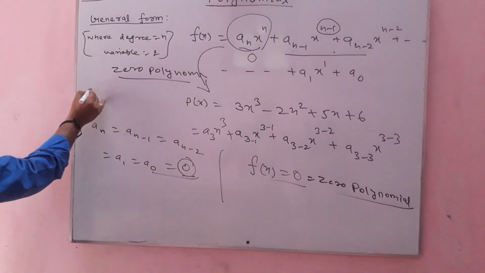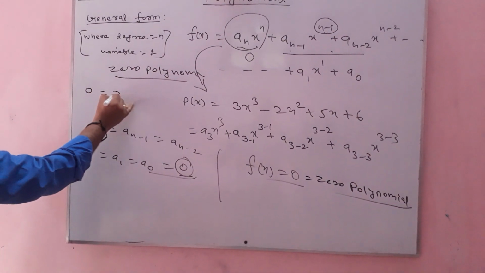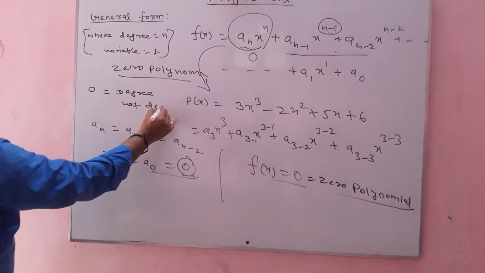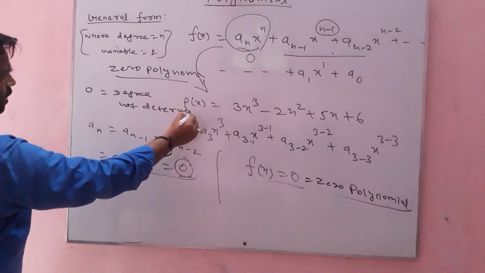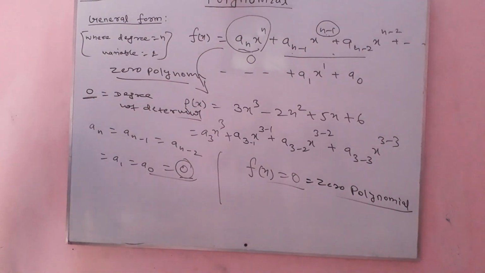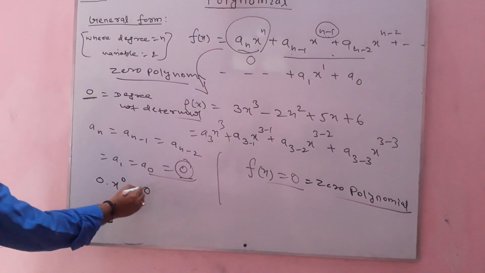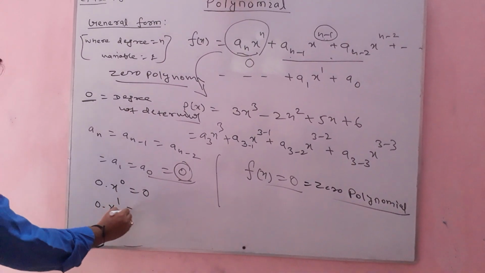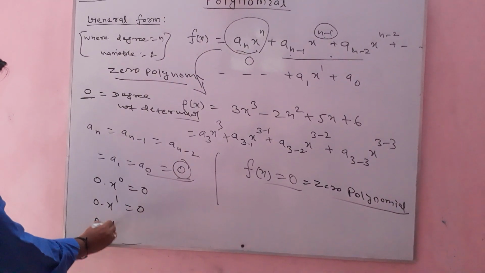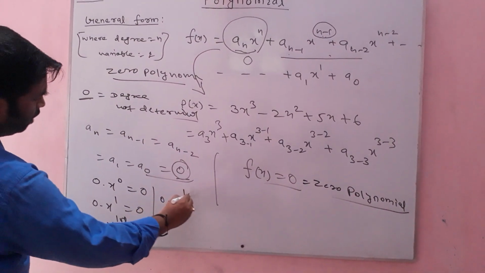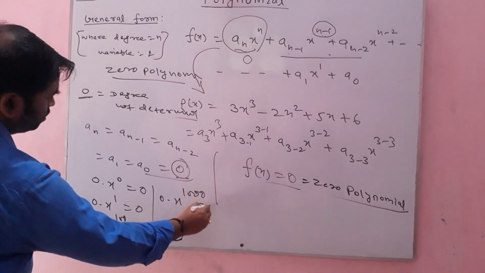One thing I want to tell you: for the zero polynomial, what is the degree? Not determined. The degree of 0 is never determined, because 0 into x^0 is equal to 0, 0 into x^1 is equal to 0, 0 into x^100 is equal to 0, 0 into x^1000 is also 0.